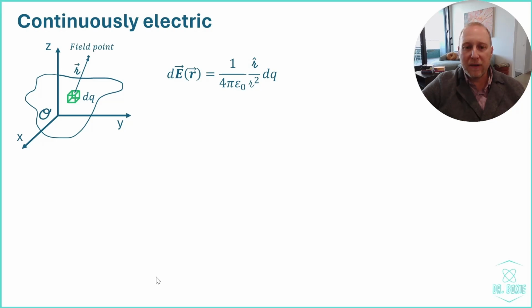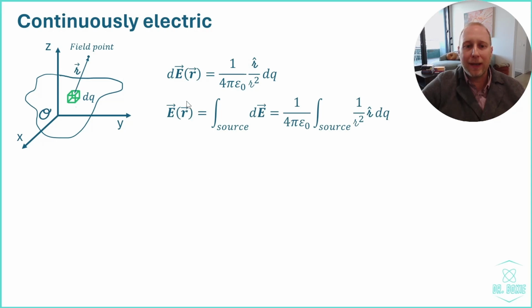Now, an addition of infinitesimally small things is actually an integral. So we're integrating this dE over the whole of the distribution of source charge. And if we plug in the formula above, we can pull 1 over 4 pi epsilon naught out of the integral, and we're left with the integral of 1 over curly r squared times curly r hat dq.